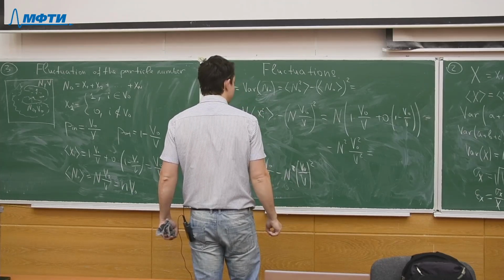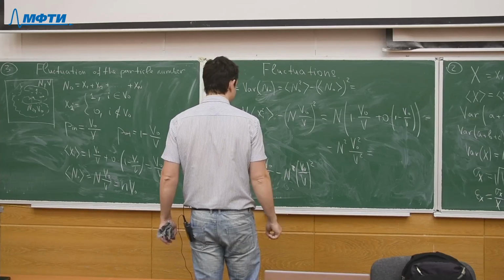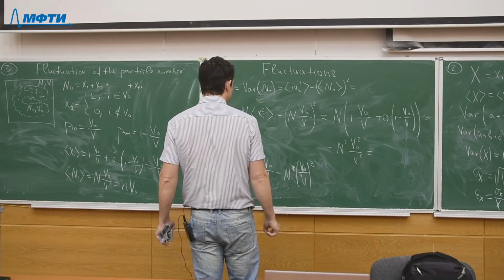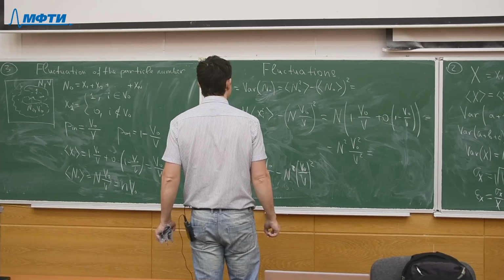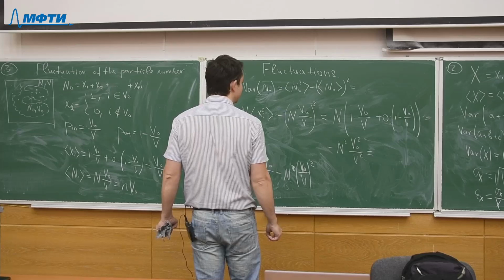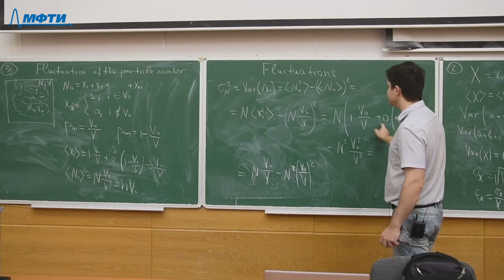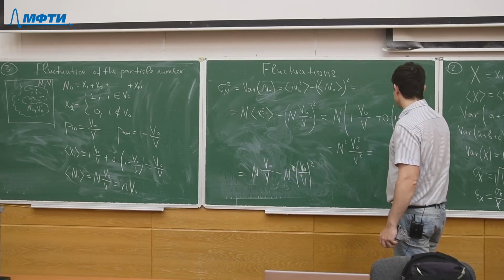Let me see once again which one is small and which one is large. We assume that we have quite a lot of molecules inside the selected volume, and it appears that I have made a small mistake somewhere here. Let me see that once again: 1 plus 0 times this probability, which gives me something like this.